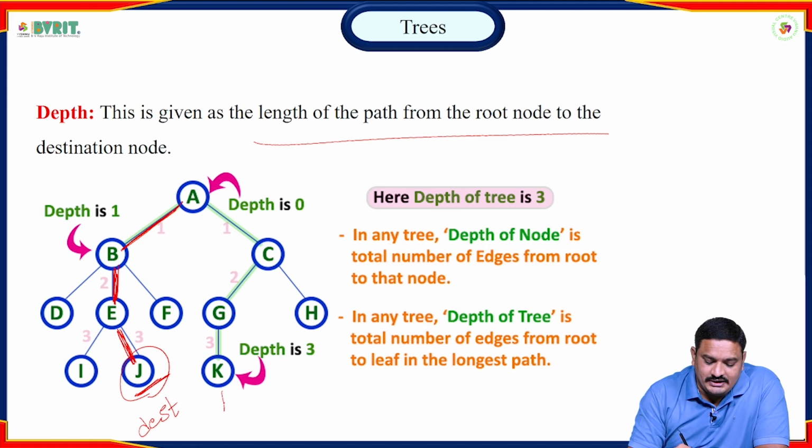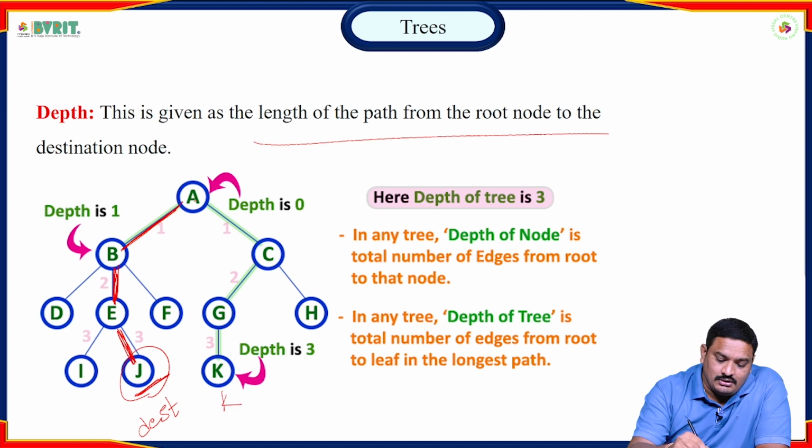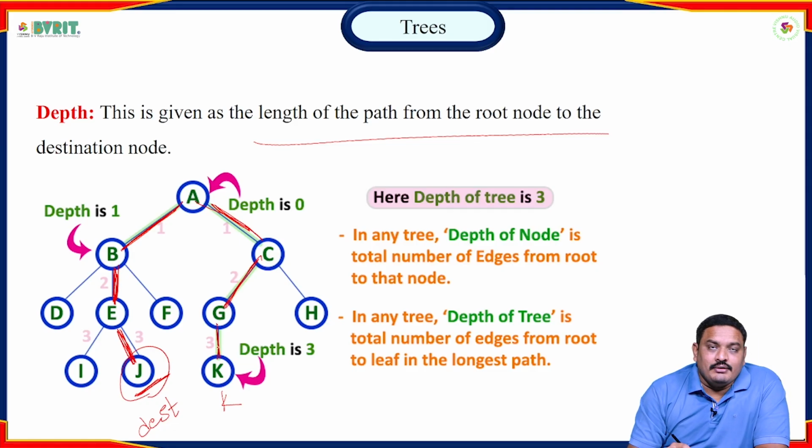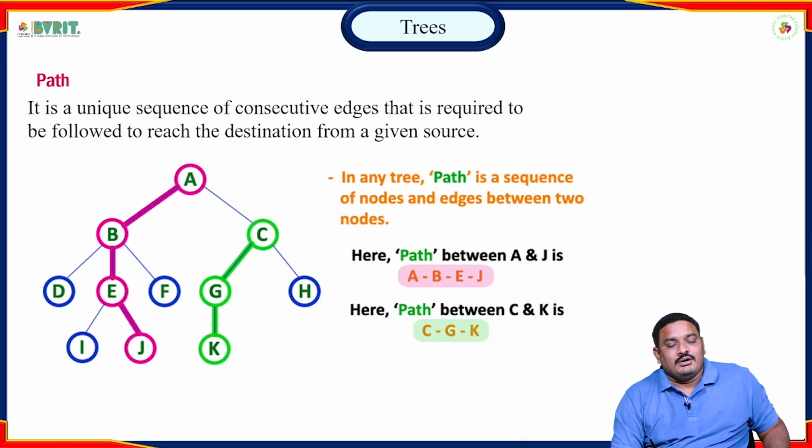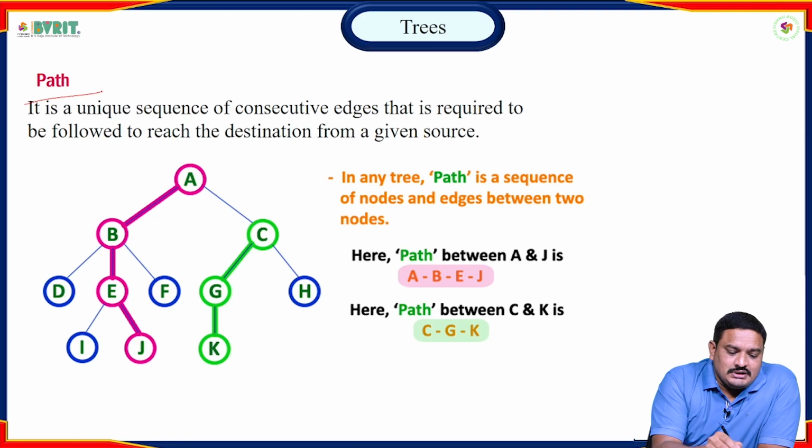Suppose K is the destination node, how to define? A to C, C to G, G to K. K is the destination node. These are the destination depth nodes.